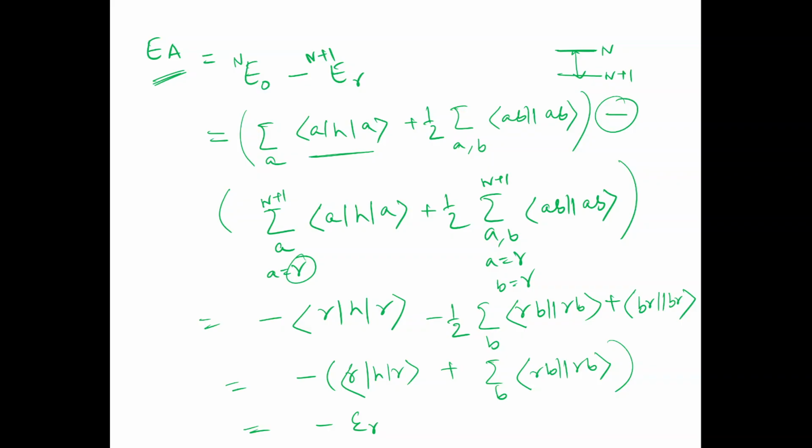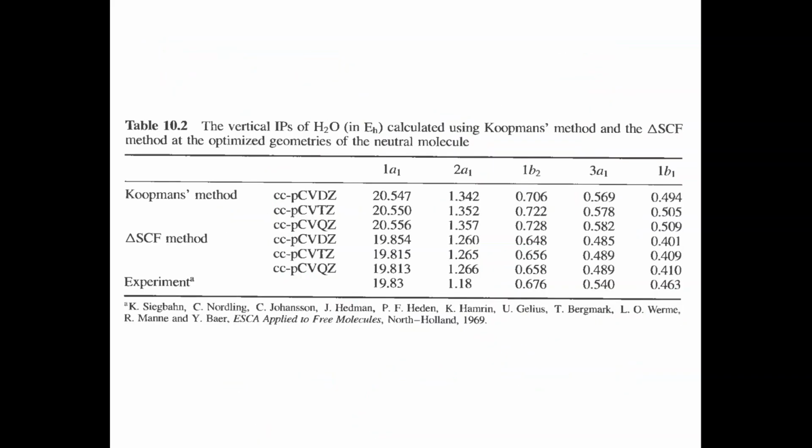Now we'll do a problem that is given in the Szabo, whose solution I'll do. I think that will be pretty interesting. Before that, let's look at this table. What is the table about?